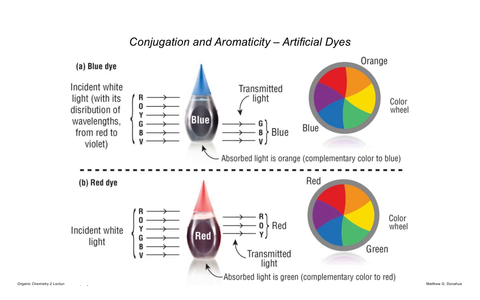These little bottles you see, we used to buy them for Easter to color eggs, you know what I mean? So again, the way this works is that, in the Roy G. Biv here, the dye is absorbing the complementary color, and then what is transmitted is what you see.